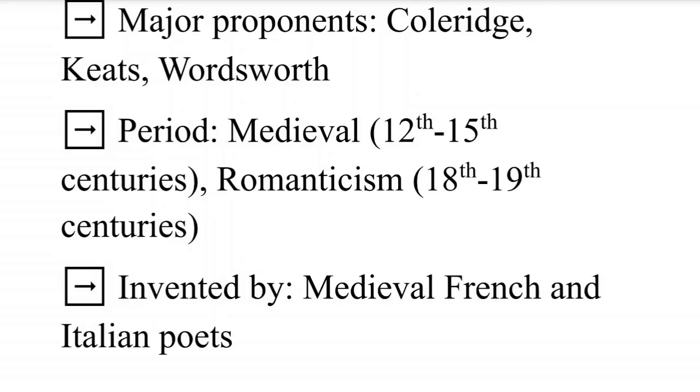Yes, during the 12th century, ballad was invented by medieval French and Italian poets. And here you will get the question again, during which period did ballad become very popular, which is Romanticism.